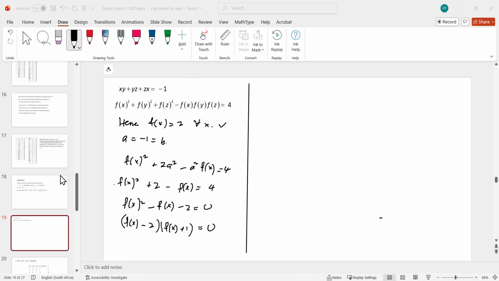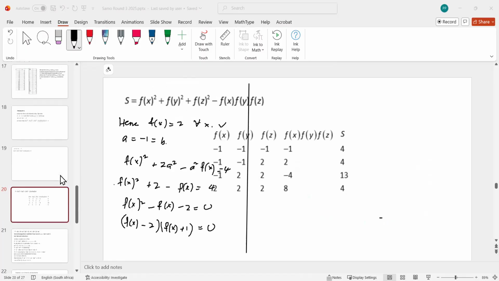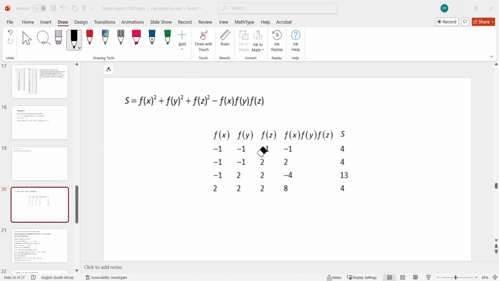And I got it in this table. So you'll see here, f of x is either equal to -1, all of them -1, or two of them -1. Maybe I should put grid lines here.